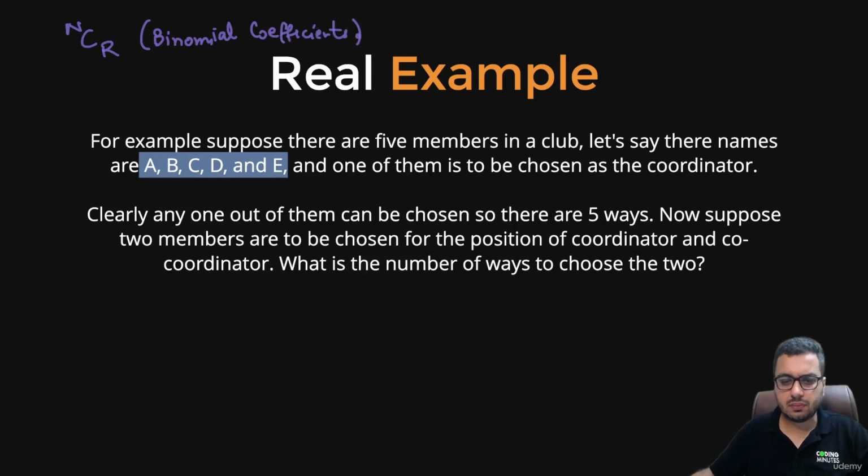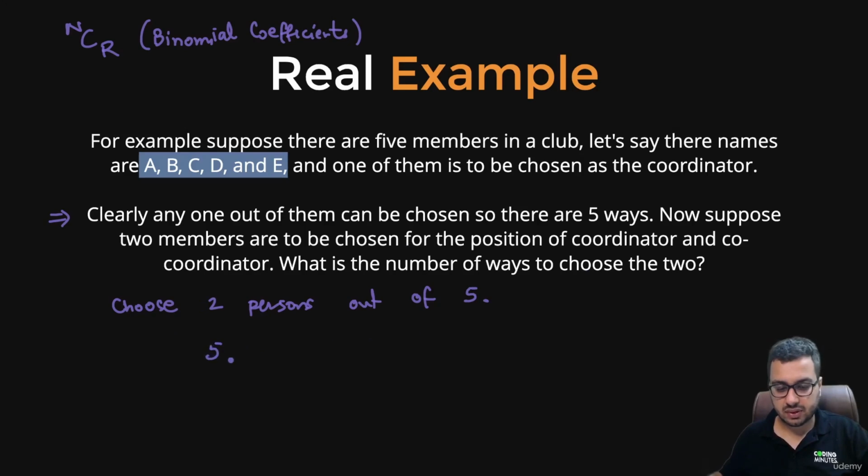But suppose the question is a little different. Suppose I want to choose two persons out of 5. How can we do it? Again, it's pretty easy. It's going to be 5C2, so 5 factorial divided by 3 factorial and 2 factorial.